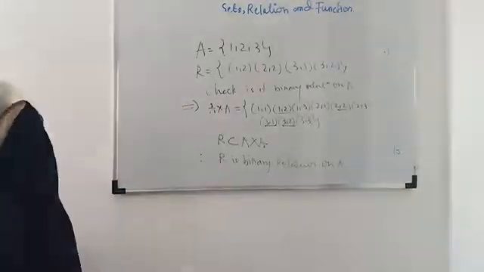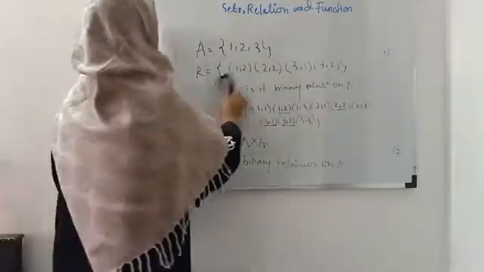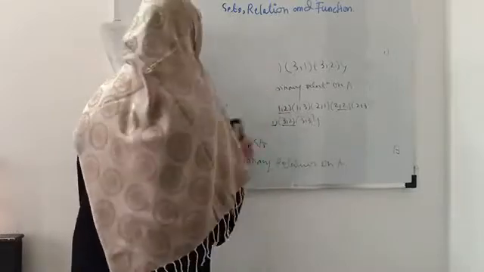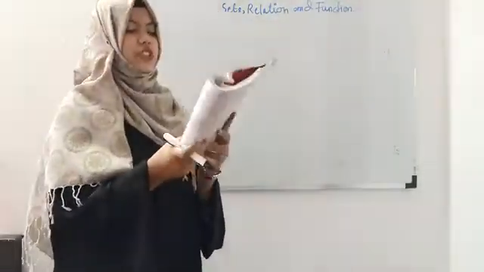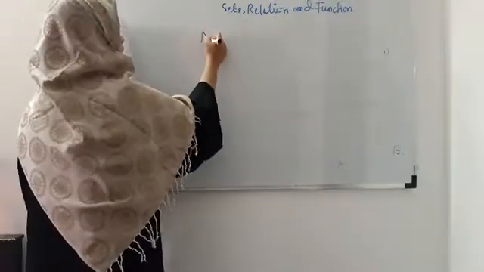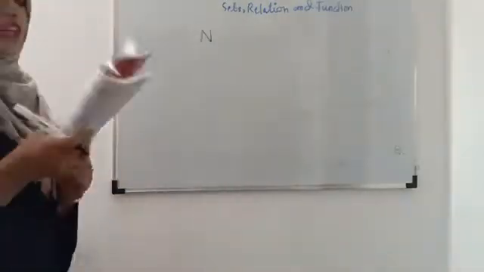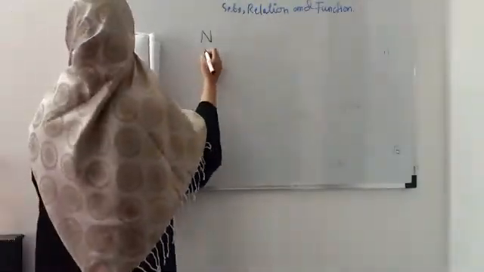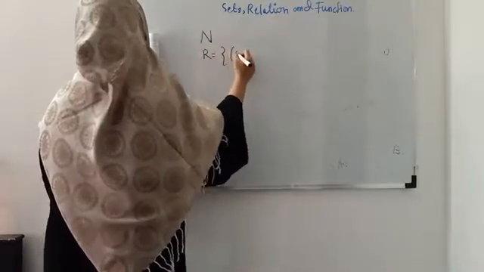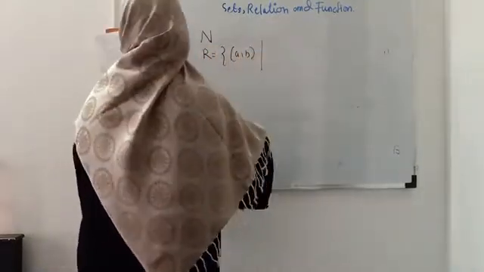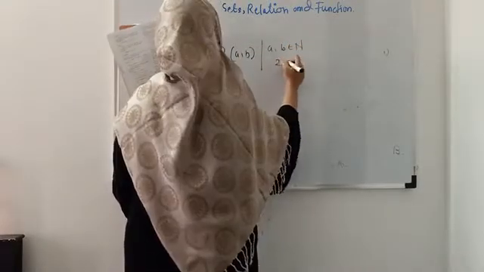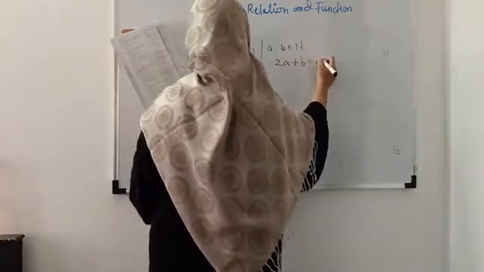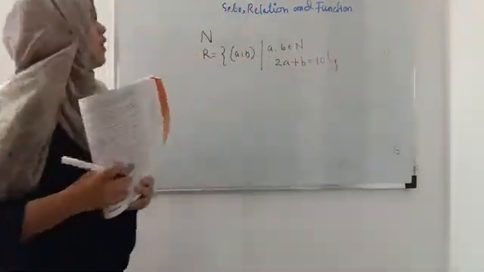Okay. Now the next example is on page number 100. Let N be the set of all natural numbers, and here the bigger set is N, the set of all natural numbers, and the relation is defined as R = {(a, b) : a and b belong to natural numbers and 2a + b = 10}.